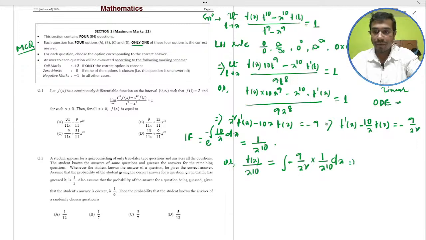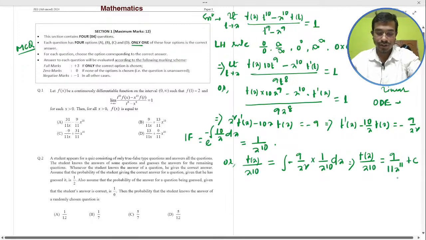So it will become f(x) divided by x^10 is equal to 9 divided by 11x^11 plus c, the integrating constant. Now put x equal to 1, f(1) is what? 2.